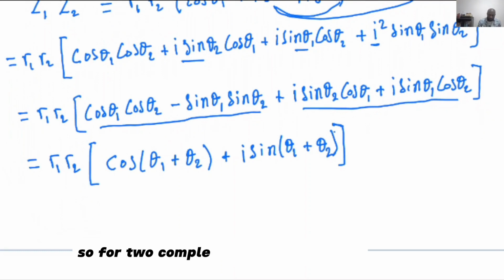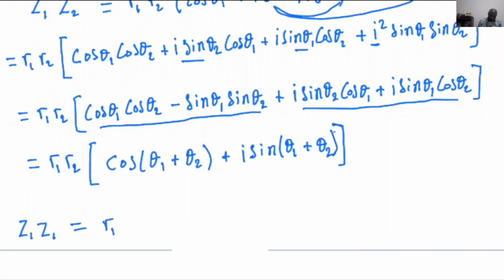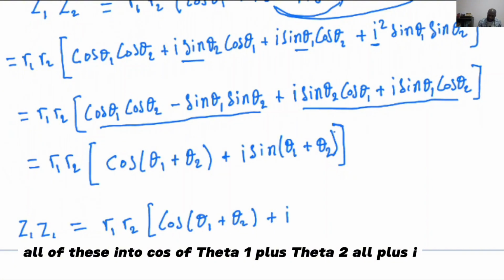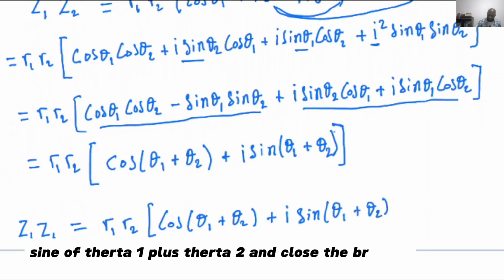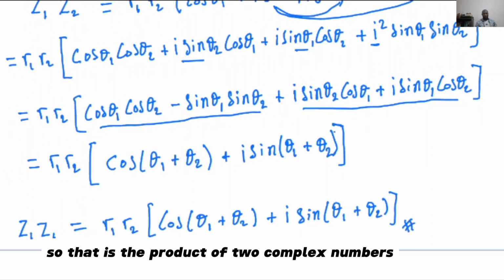So for two complex numbers z1 and z2, the product of z1 and z2 can be expressed as r1 times r2, all of this into cos of theta 1 plus theta 2, all plus i sine of theta 1 plus theta 2, and close the bracket. So that is the product of two complex numbers.